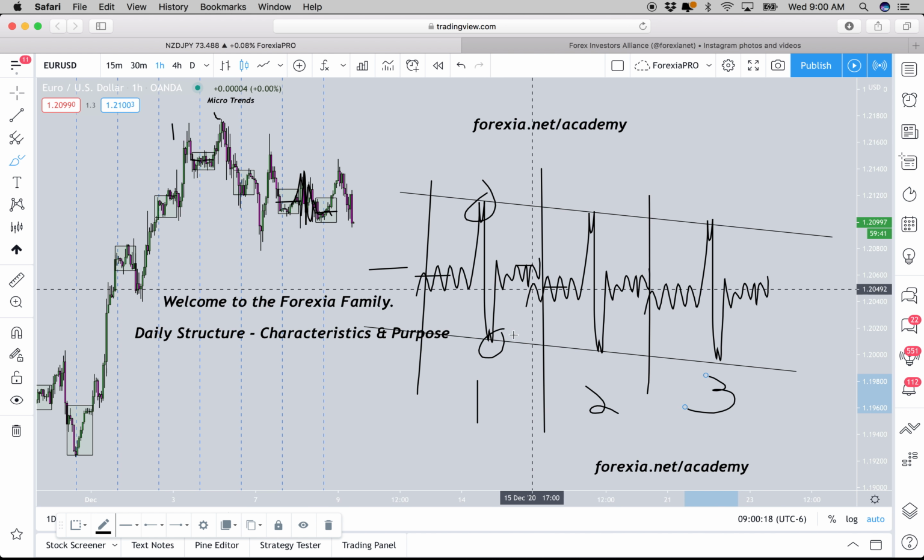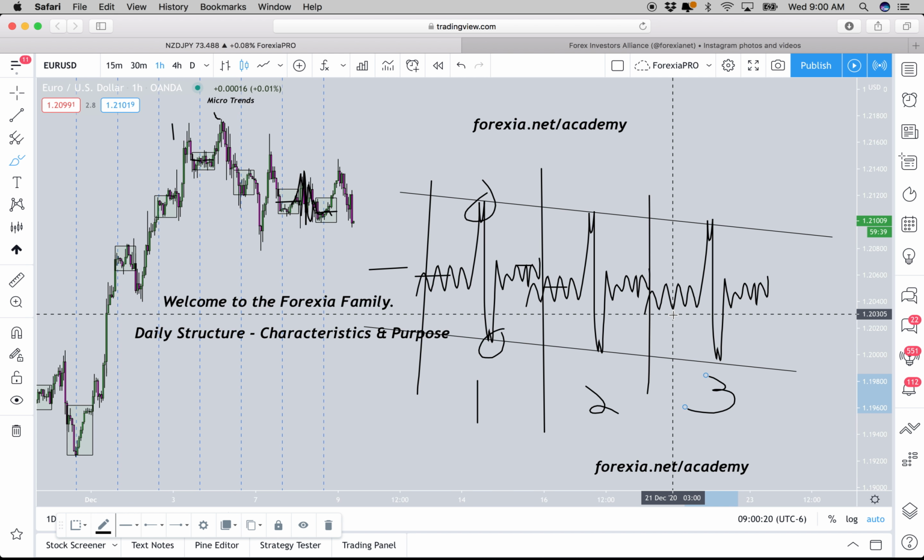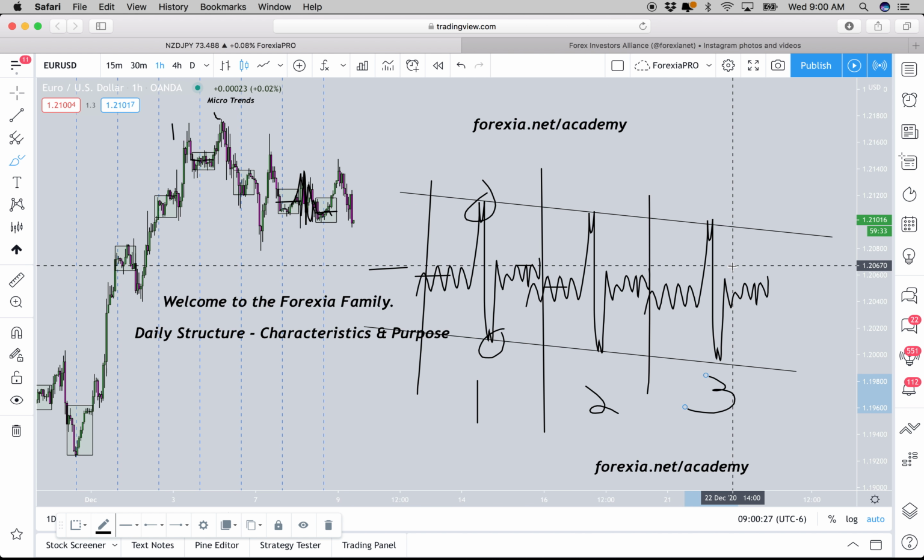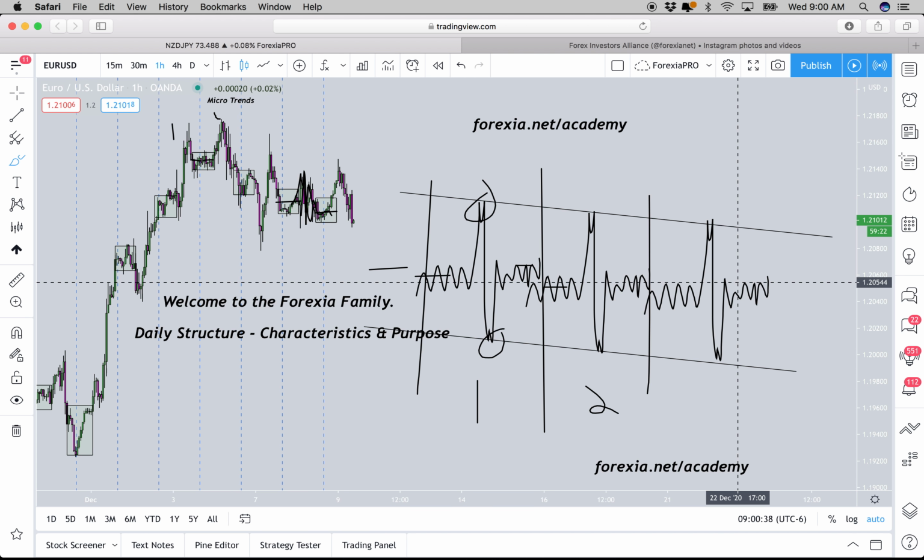So in 3 days, just repeating that daily structure 3 times in a row, what do we get? We get a trend. It's that easy. It's literally that easy. That's the fundamental. This is the fractal structure that makes everything possible.